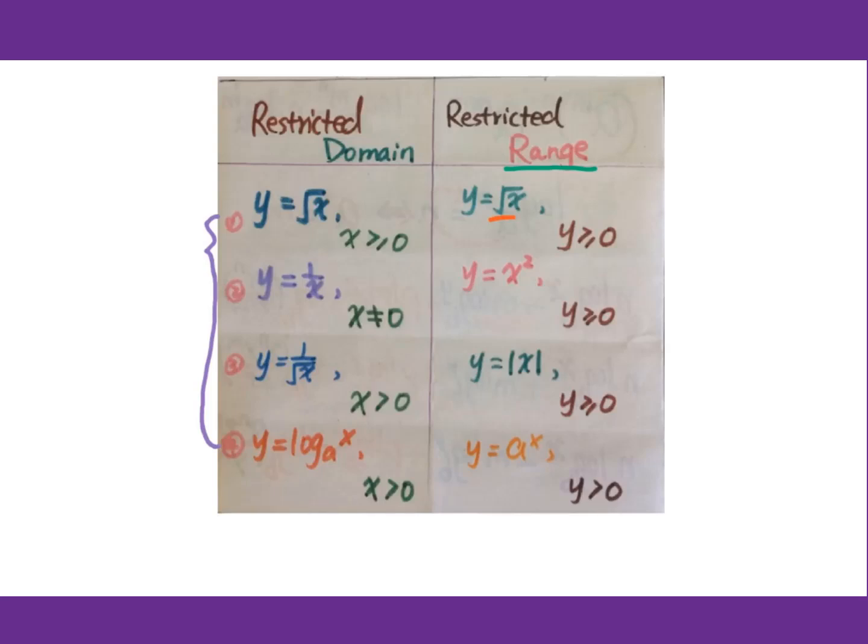For the square root function, the range is greater than or equal to 0. For a power function with an even exponent, like x to the 4th and so on, the range is greater than or equal to 0. For the absolute value function, absolute means positive range. For an exponential function, a to the x power, the range is greater than 0.